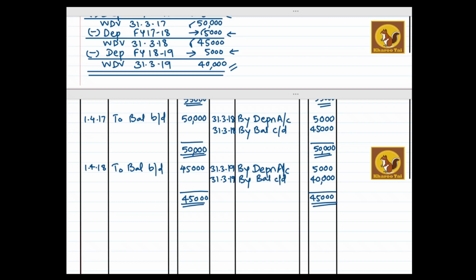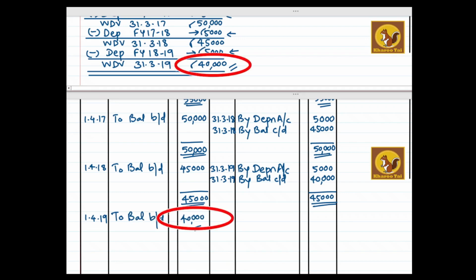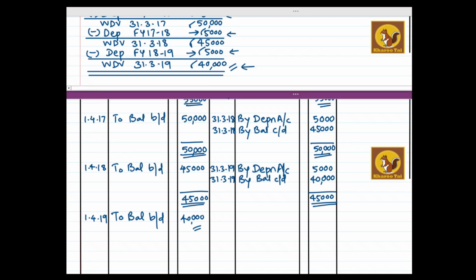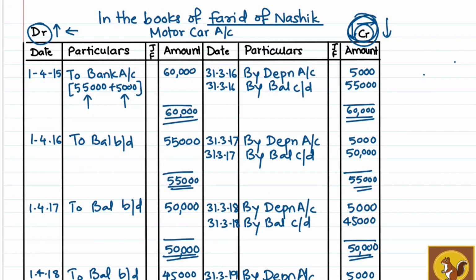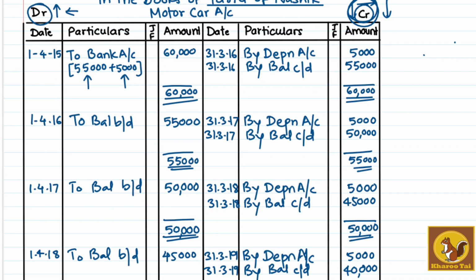Next day we will carry that amount forward, 1st April 2018, to balance brought down, and this amount matches with this amount. Depreciation was 5,000 and the closing WDV at the end of the 4th year was 40,000. So the posting is correct. This is how the posting of 4 years is done, which matches with our calculation.